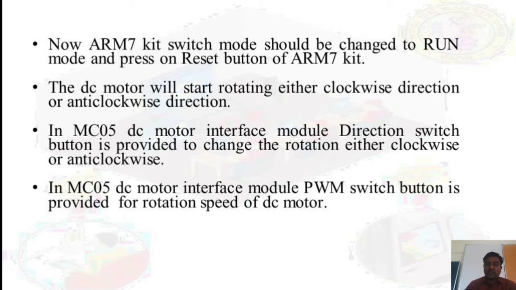If it is running clockwise by default and I press the direction switch button, it will rotate in the anti-clockwise direction. Then if I press the button again, it will start rotating in the clockwise direction. In MC05, a PWM switch button is also provided for speed, but we are not going to use it.